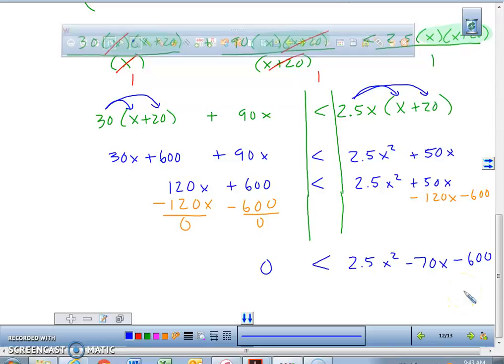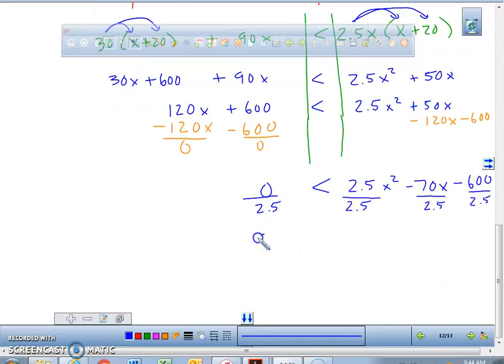So is that the answer? That is not the answer, but that is the quadratic equation that you need to use, and you can use the quadratic formula to solve it. But what I'd like you to do before you do that, to make it easier, I don't know if you guys know this, but all of these right here are divisible by 2.5. So in the calculator right now, we have 0 is less than x squared.